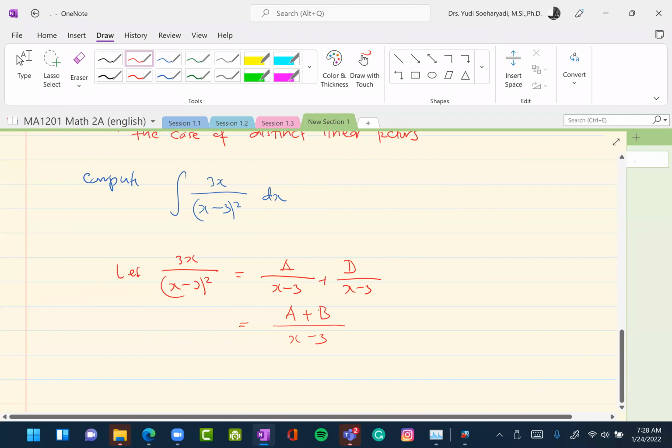Right? Because they are the same, and there is no way it's going to be the same as this one. Why? Because this is a square, this is x minus 3.